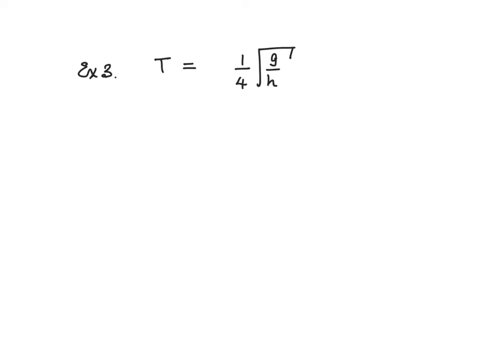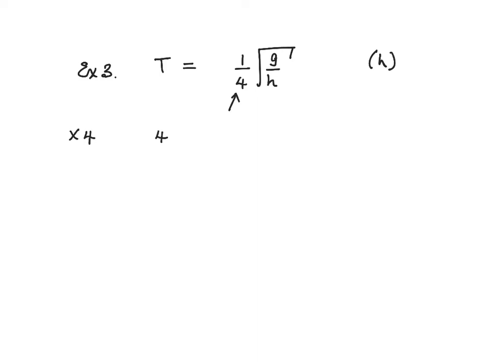So t equals 1 over 4 times the square root of g over h. I want to make h the subject of the formula. Now, you can see that this 4 is not inside the square root, so we can deal with that dividing 4. I'm going to multiply by 4.